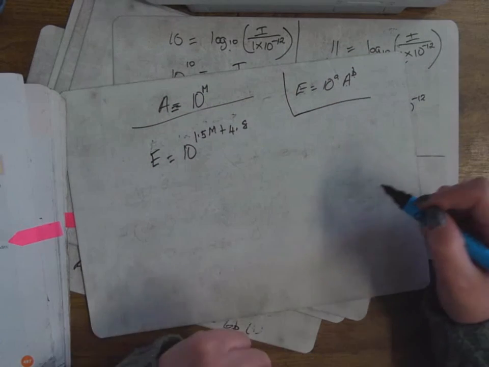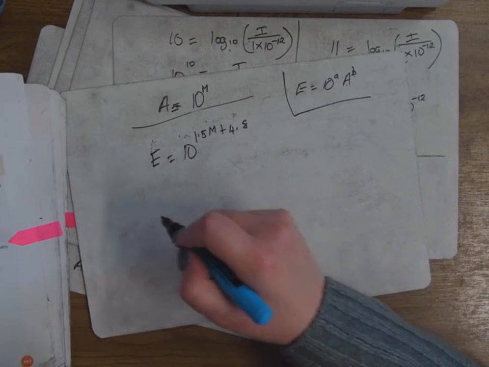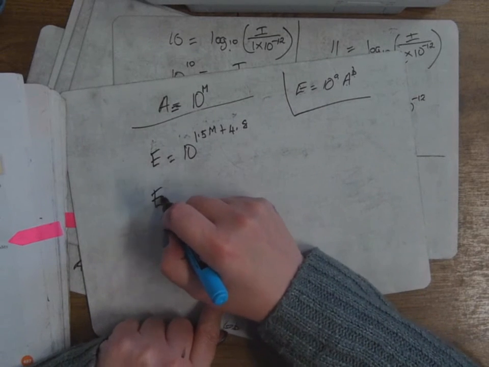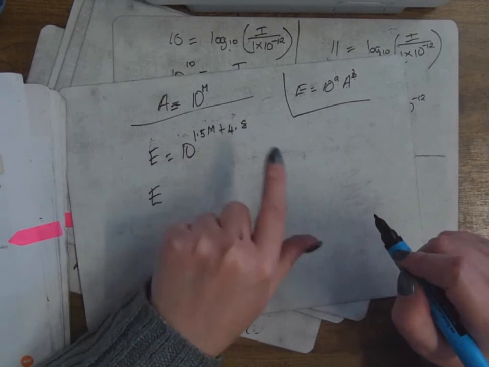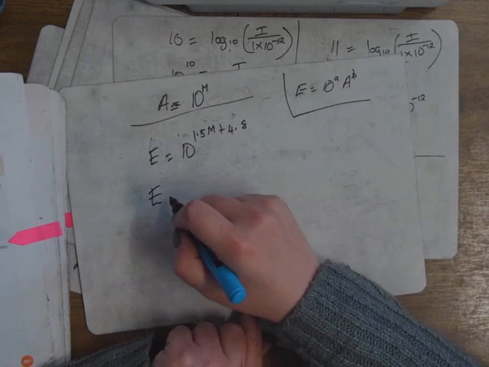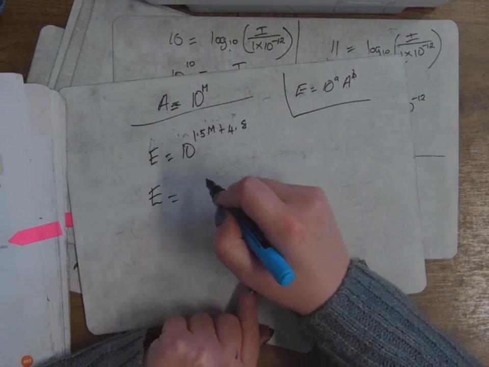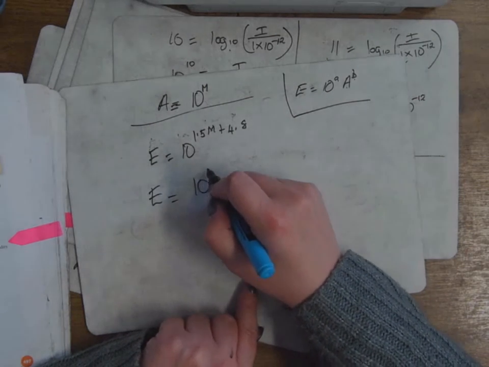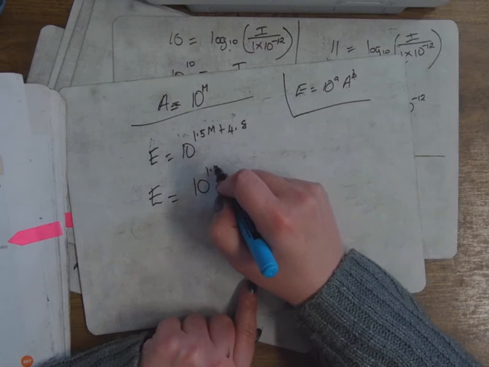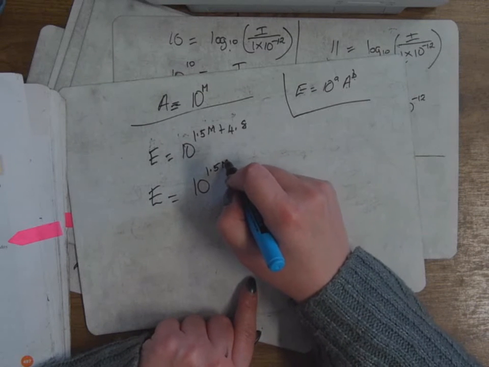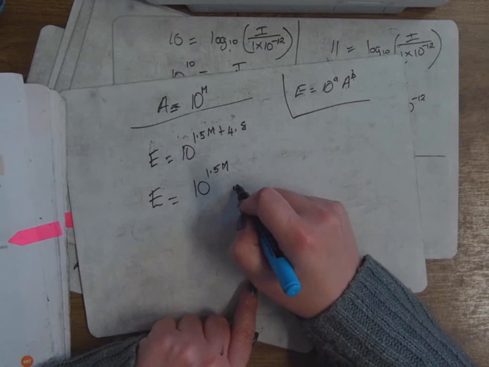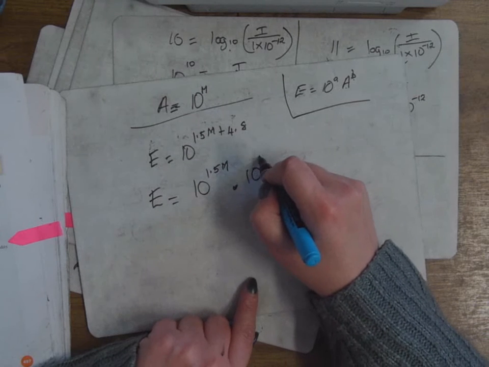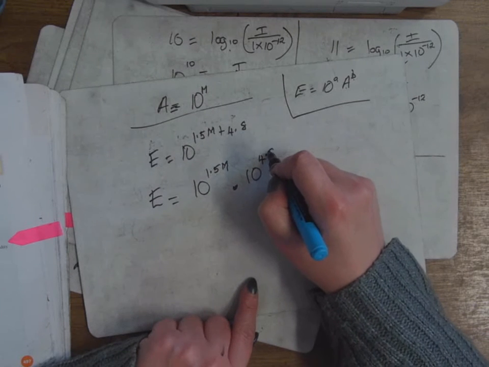Is that all right? Okay, rules of indices, right? So the rules of indices says, if you added it, what was it originally? Multiplied, wasn't it? So that was originally 10 to the power of 1.5m multiplied by 10 to the power of 4.8. Would you agree?